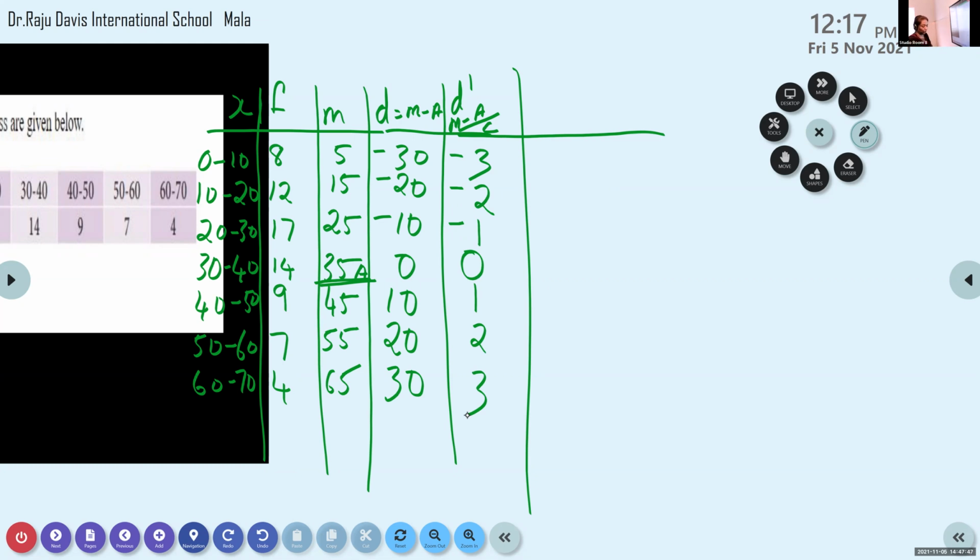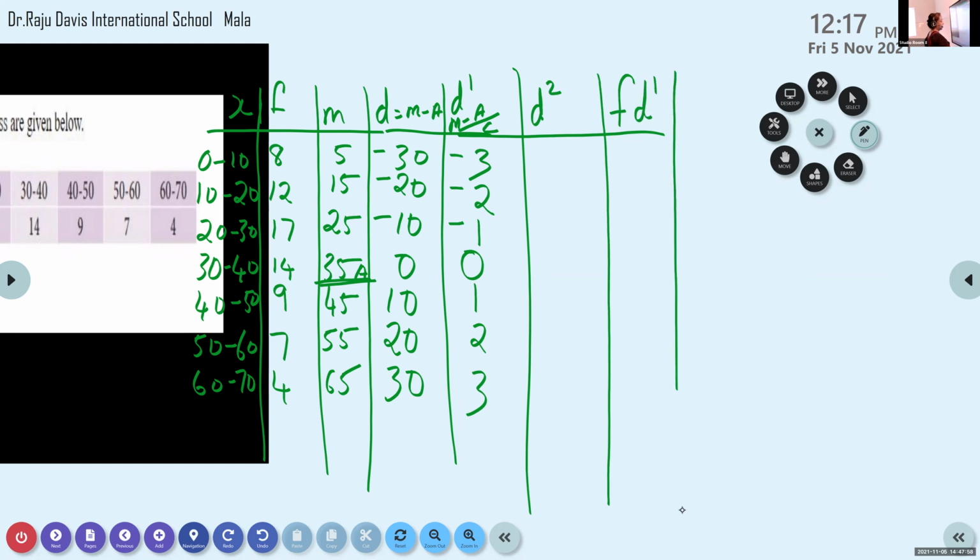What should be the next column? D square. You can find D square. Then FD dash. Then FD dash square.